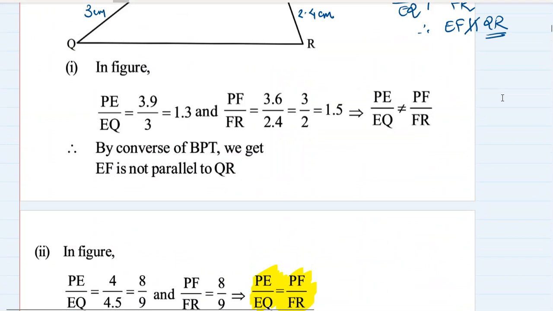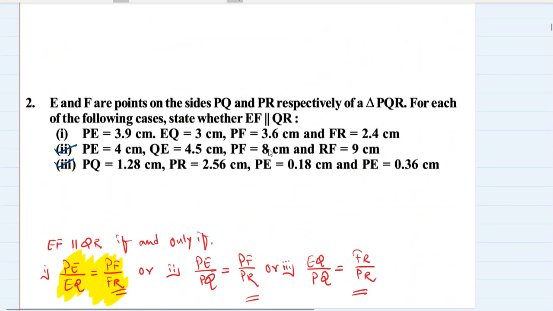Okay, PF is 0.36. So if you have a problem here, this is PF. If you did not get it, you should try again, you will get it. So we have PE and PF, and we have got PQ and PR.